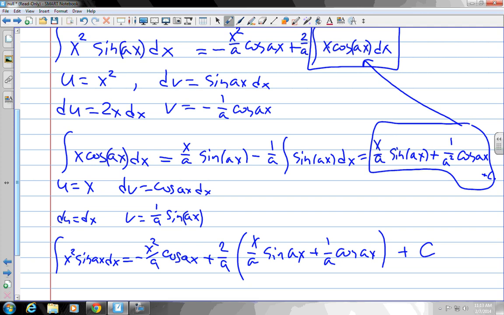I mean, that's technically your answer. Yeah, that's 1 over a squared. You can distribute there, and I'm sure you can factor the cosine partially, whatever. That's the answer.